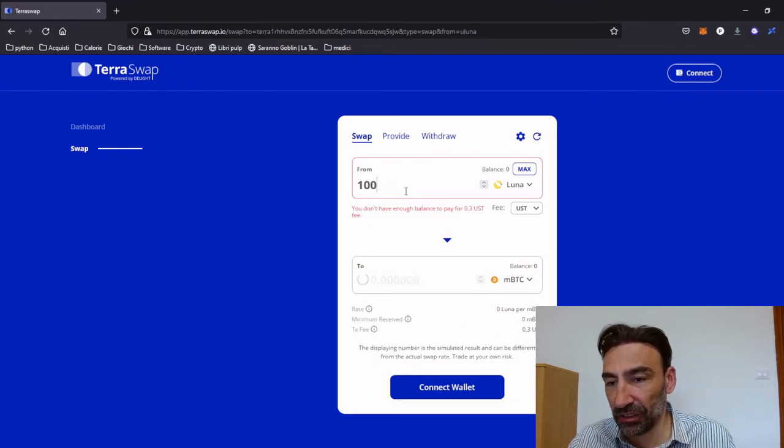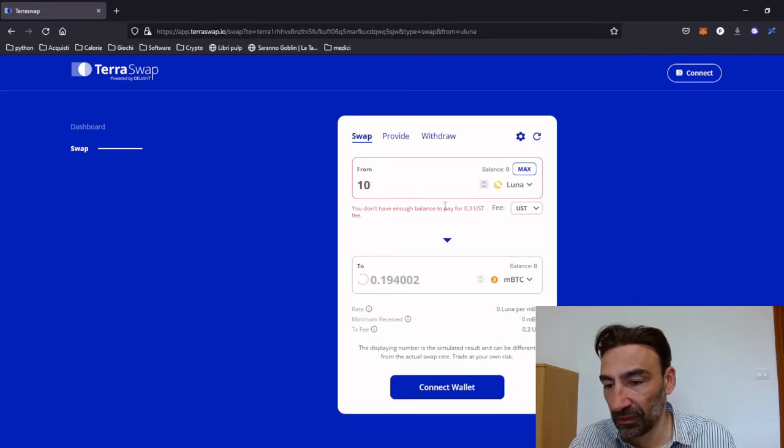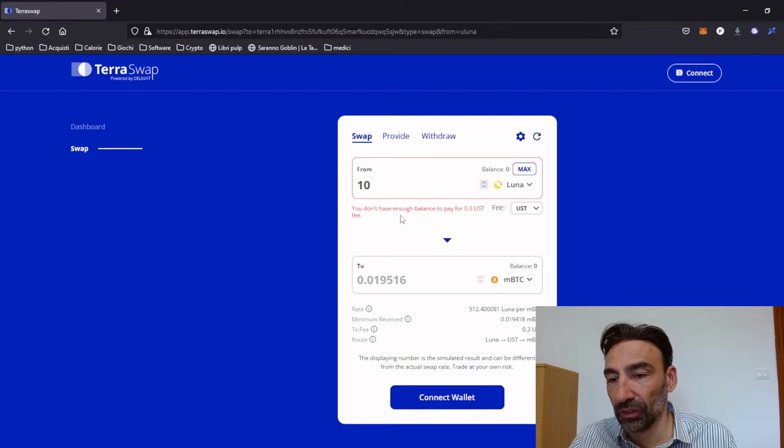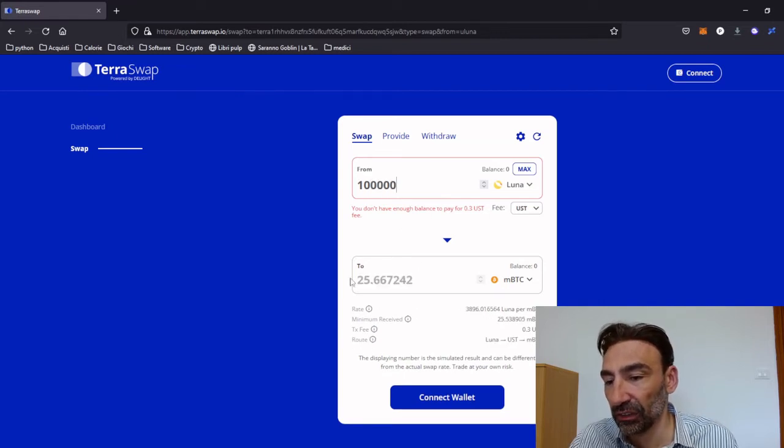If I exchange 100, just similar, see. So for small quantities, very similar, but if you start to ask for huge quantities, I'm depleting the Bitcoin here because I'm paying with Luna. So you can see the price is much more.